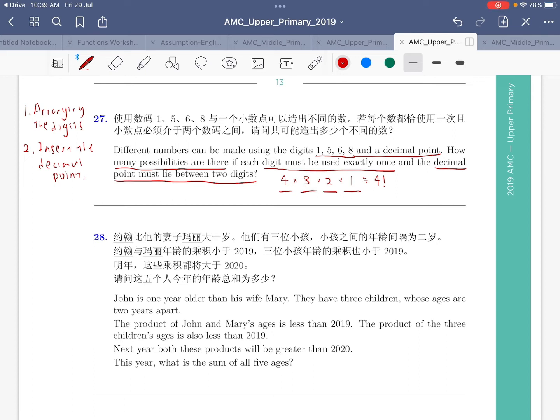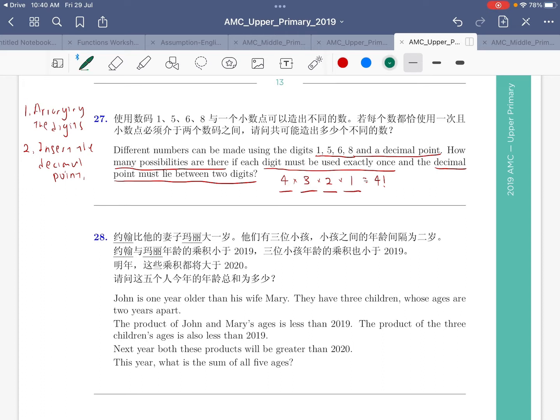Now, what's next? We are done with the first step, which is to arrange the digits. Now our second step is to insert the decimal point. But be very careful. We notice there's a restriction: the decimal point must lie between the 2 digits.